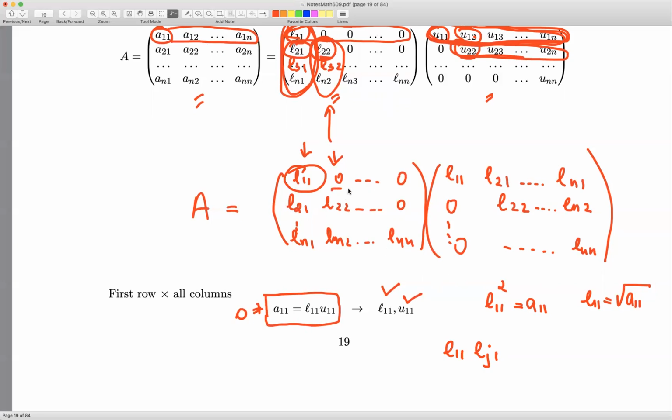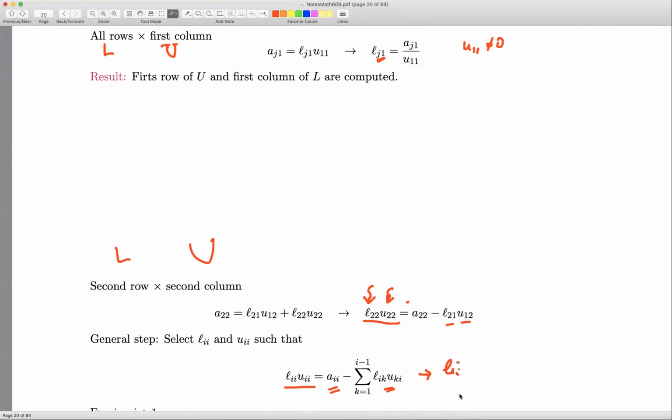The 0 will annihilate all the terms from the multiplication. Then it will be equal to A1j, because it is the first row and the jth column. So this will be known, and therefore you will have that Lj1 is equal to A1j divided by L11, and so on.